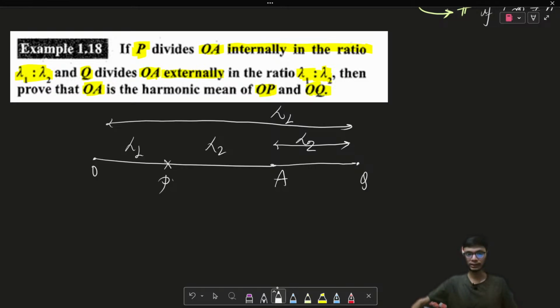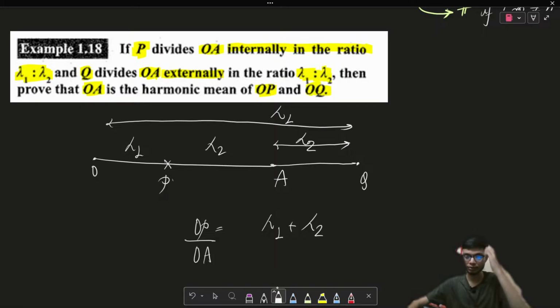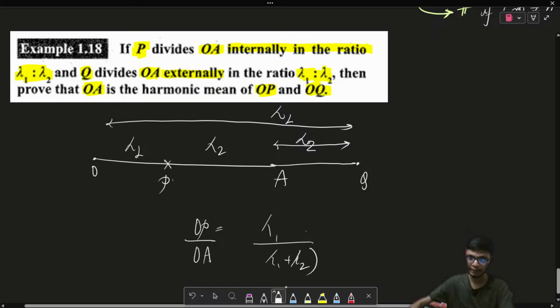So let us first of all try to find out this OP point. If I try to find OP by OA, that is going to be lambda 1 divided by lambda 1 plus lambda 2.